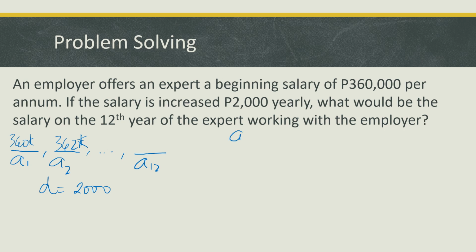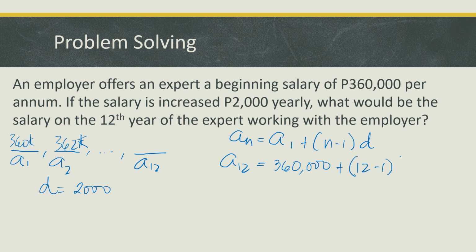Okay, if we use the formula, we have a sub n is equal to a sub 1 plus n minus 1 multiplied by the common difference d. So let us find a sub 12 as our last term. And the first term is 360,000, plus our n as the 12th term minus 1, multiplied by 2,000 as our common difference. So we have 360,000 plus 11 times 2,000.